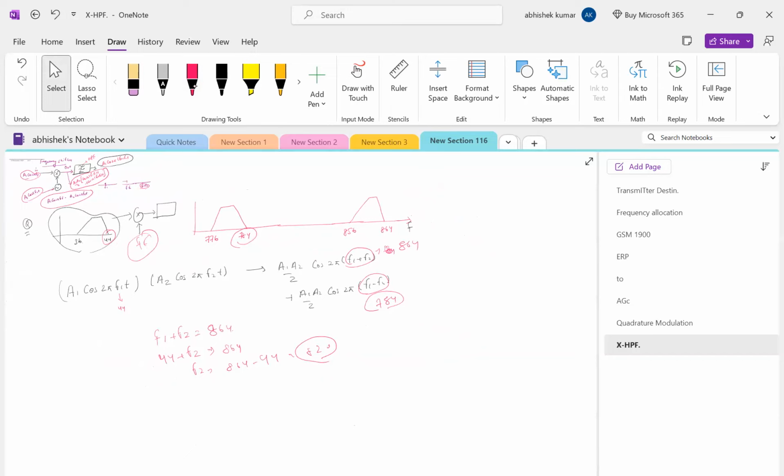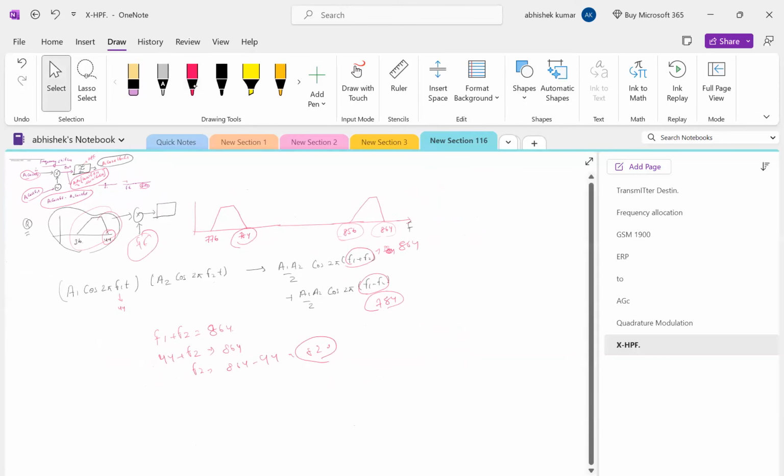Are you getting my point? If you shift this signal by 820, you will get this signal only. If f2 is 820, you will get these ones only. Everything will get shifted by 820, you will get 864 and 856. And here every signal will be shifted by minus 820.